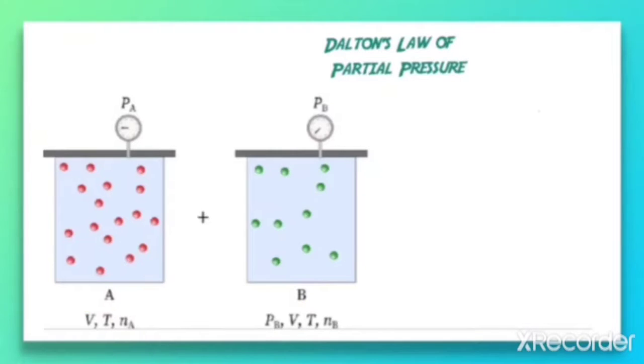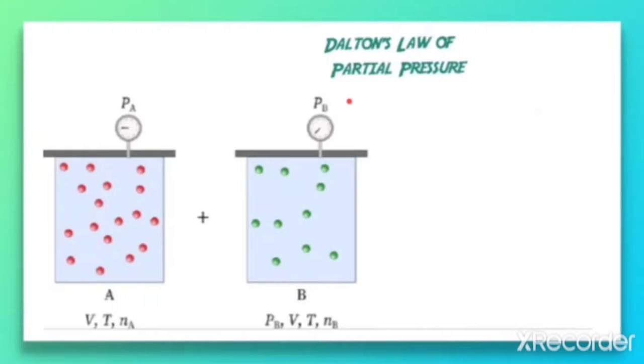Let Pa be the pressure exerted by the A gas, which is called the partial pressure, and let Pb be the pressure exerted by B gas, the partial pressure of B gas.